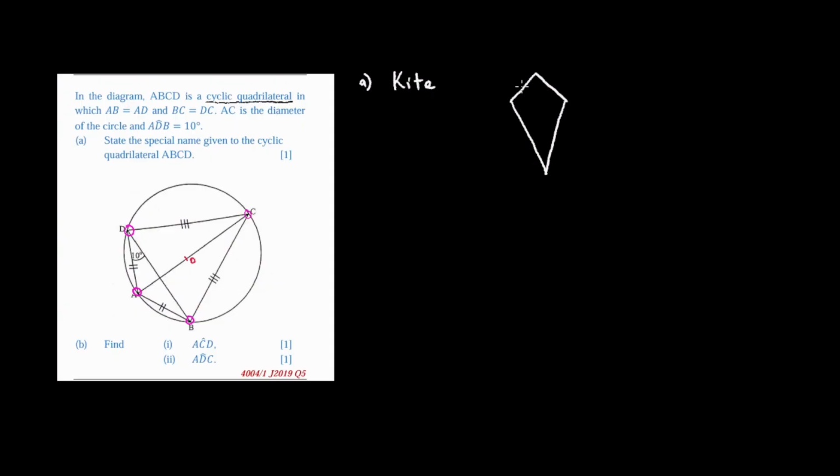Then the typical case is this line is equal to that and this is equal to that. Then we are going to see the importance of this line which runs across, which in our case is a diameter. So it's a kite, there's no question about that.